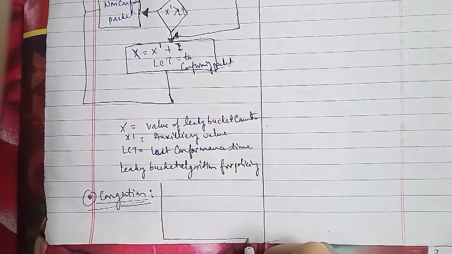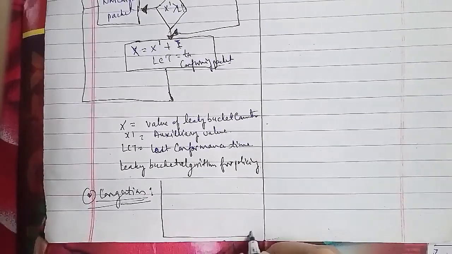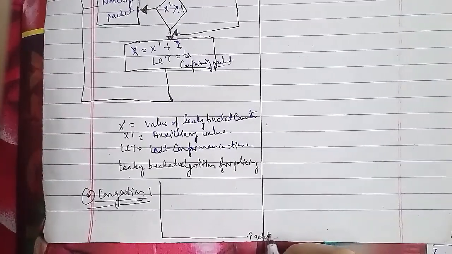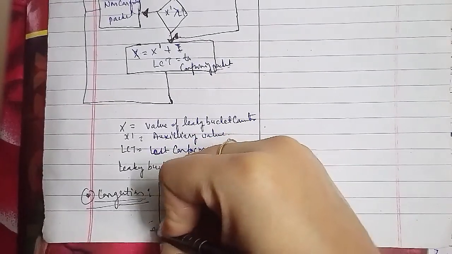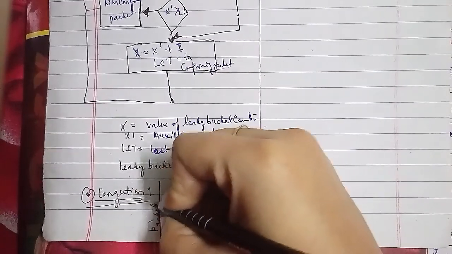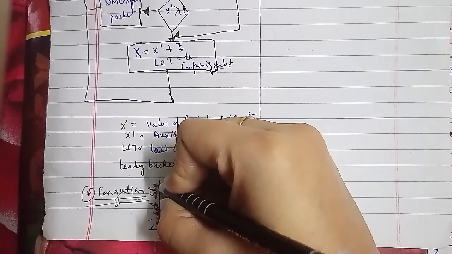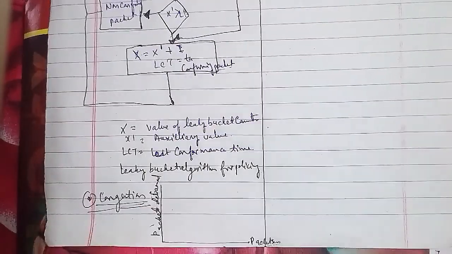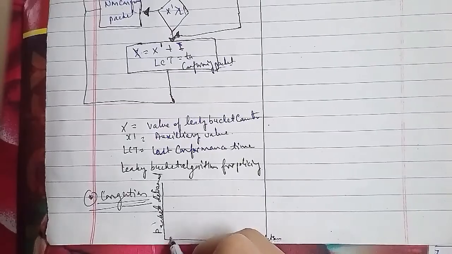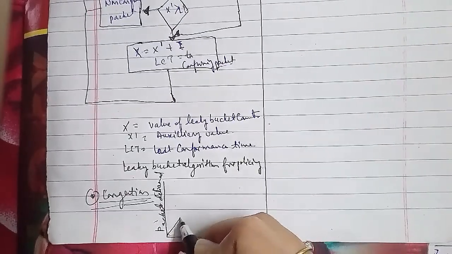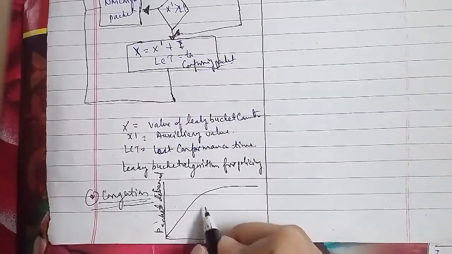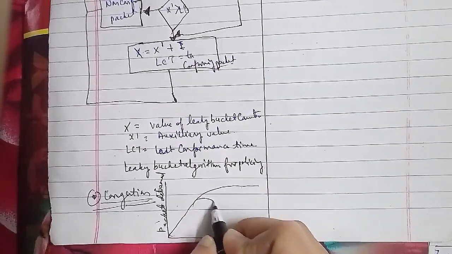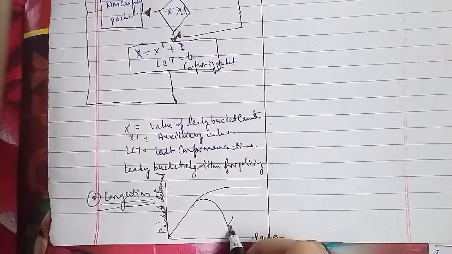And the graph starts from here, it goes at a constant speed, and then of course it will level off, and then it goes down as well. So this is the congested, this is desirable, and this is perfect. Okay, so this is the maximum carrying capacity of a subnet here as well.